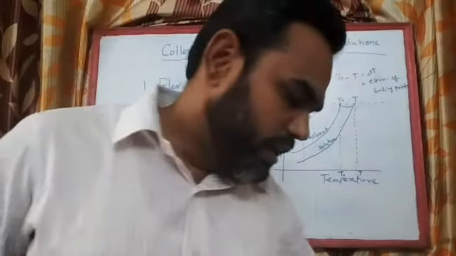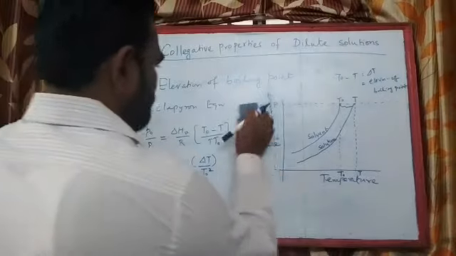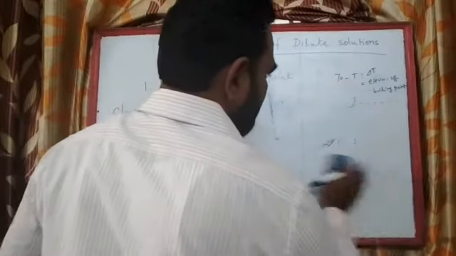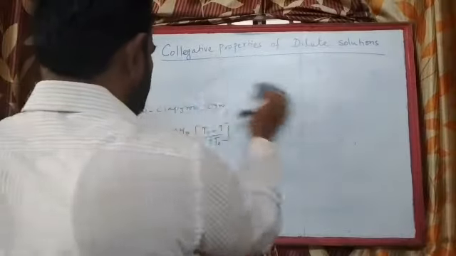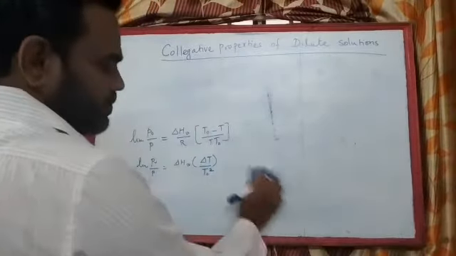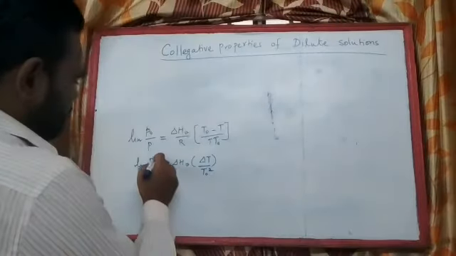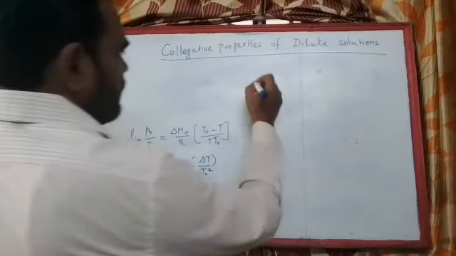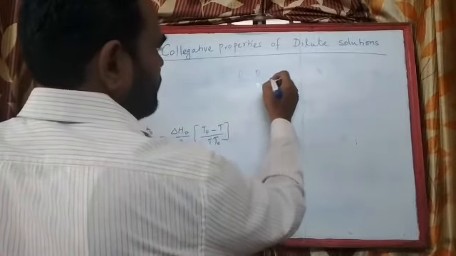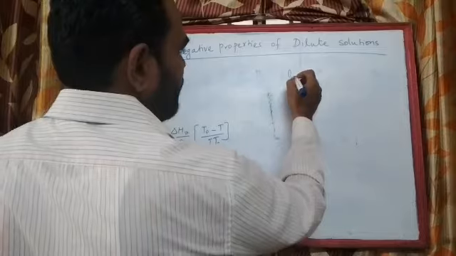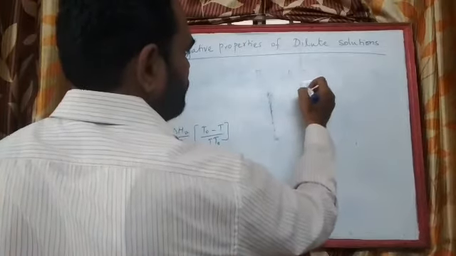Now let us take up this part of the equation. ln P0 by P is equal to minus ln P by P0.